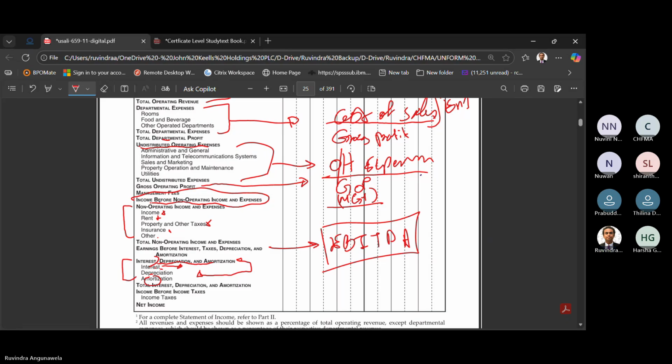Then you have the total interest, depreciation, and amortization, and then the net of all these is called the net profit before income and taxes, also known as PBT, profit before tax. Net income before income taxes.